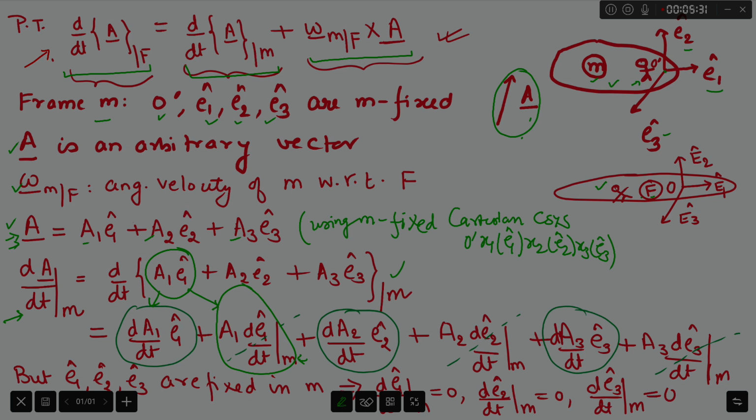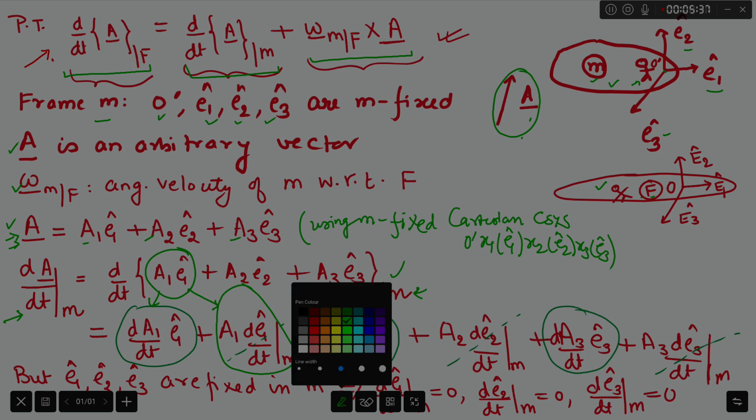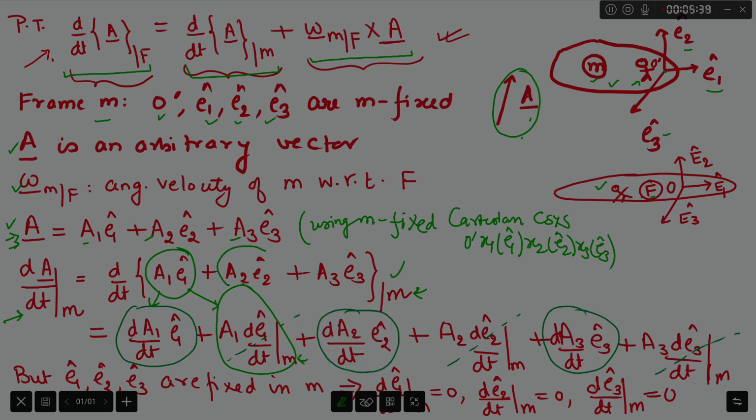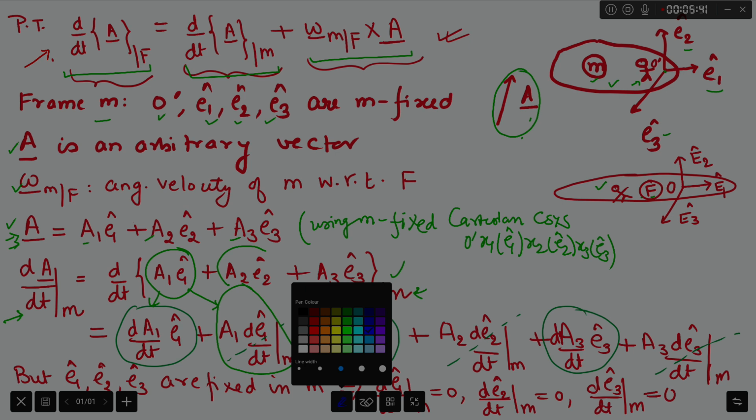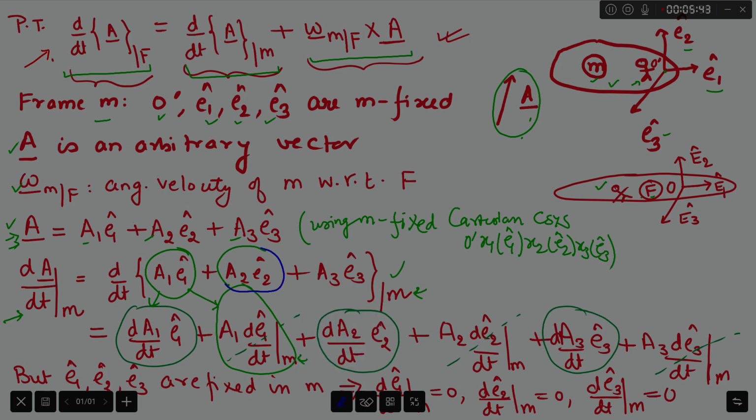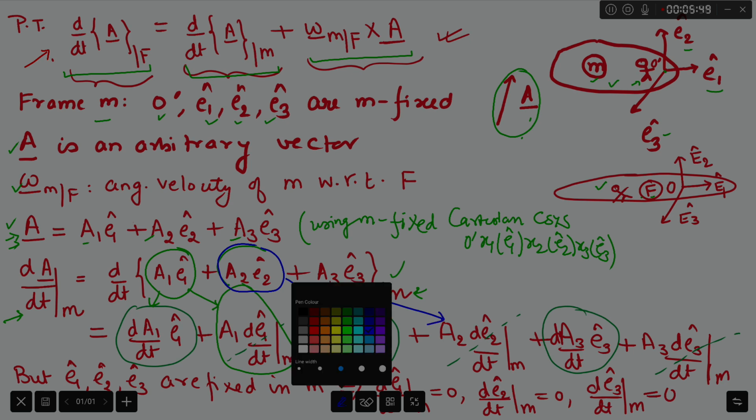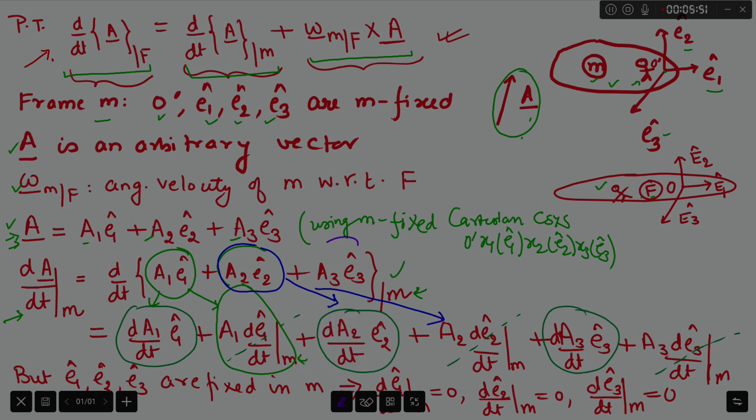In this case, it is M. Similarly, I split A2 E2 into two terms here and here, and similarly I split A3 E3 into two terms which are written here.